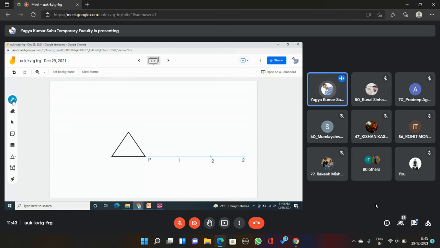Now let us name this triangle PQR. Now draw the tangent. We have already drawn one tangent. Draw the other also.